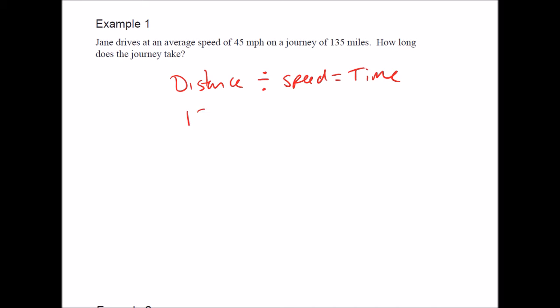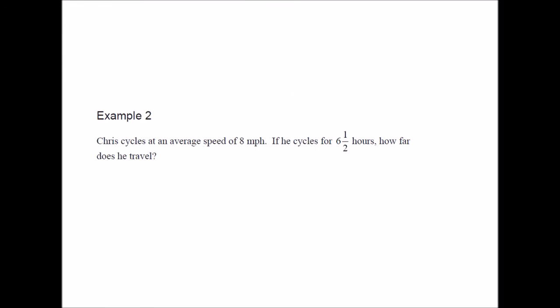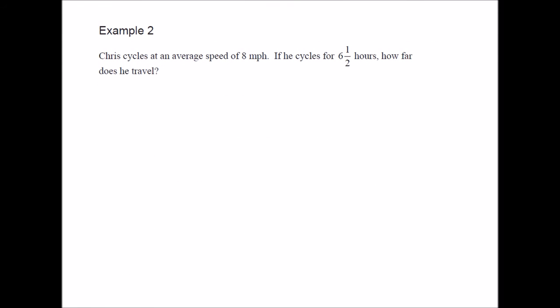So I've got 135 divided by 45, and if I use my calculator to work that out, I should get 3. Now the unit is going to be hours, because the speed was in miles per hour, so we need to use the same measurement there. Okay, nice easy question, that one. Right, on to the second example.